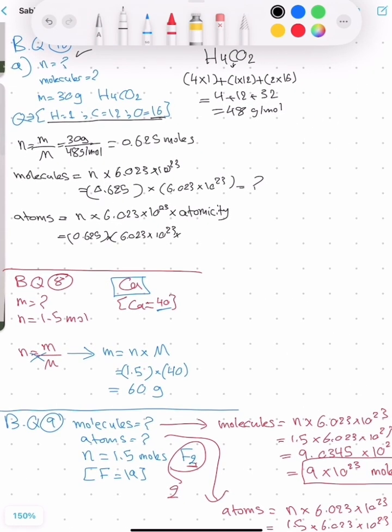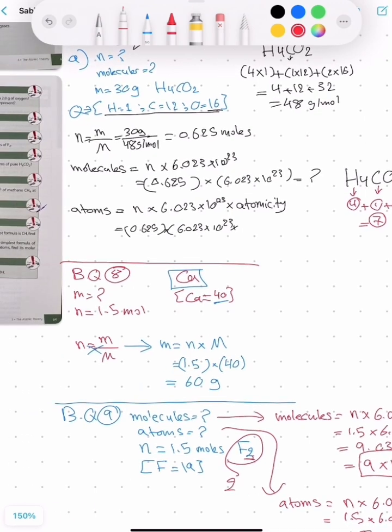Look at the atomicity. What did we have? H4CO2. So how many atoms we have? We have 4 hydrogen plus 1 carbon plus 2 oxygens. So the answer is 7. The atomicity is equal to 7. You multiply it by 7.